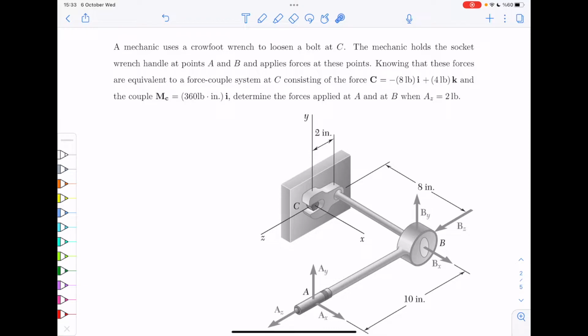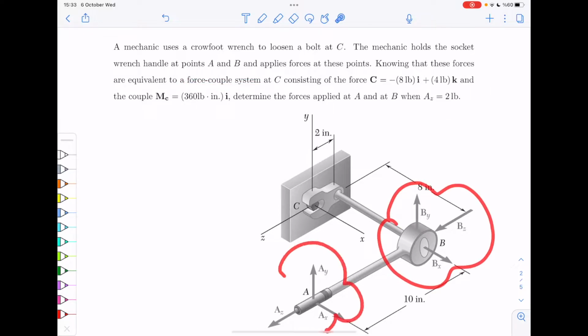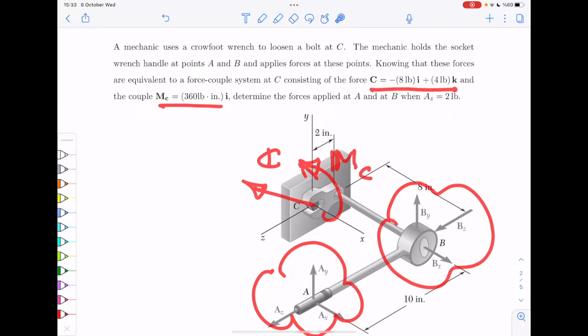And then we know that the equivalent force couple system of whatever is applied here would be a force C here, and a moment MC here. MC is given, and C is given.